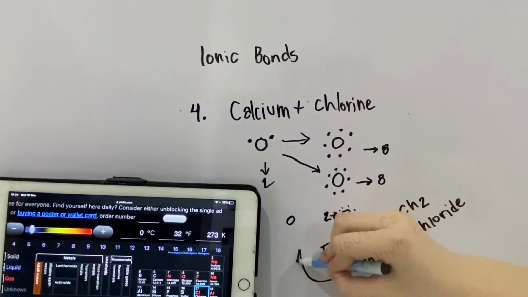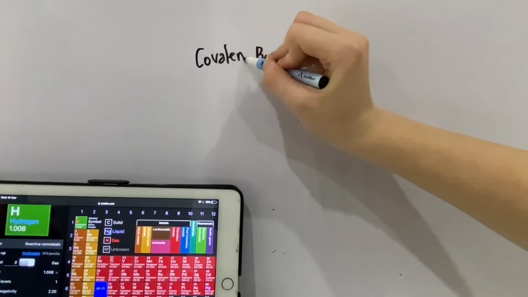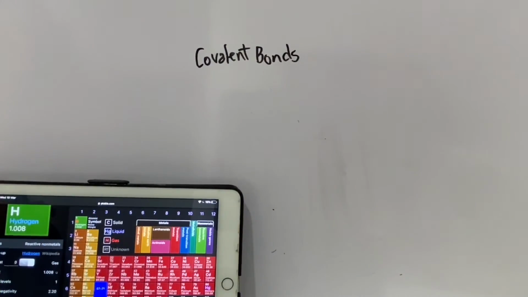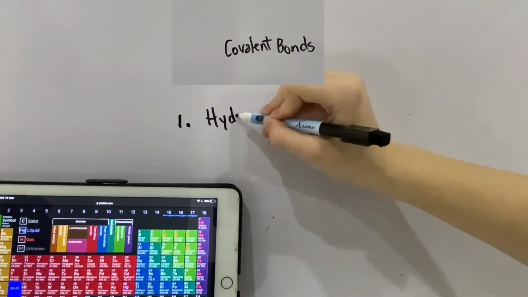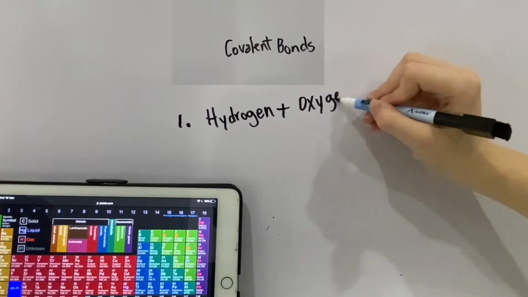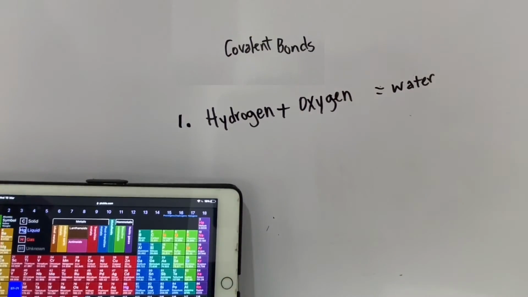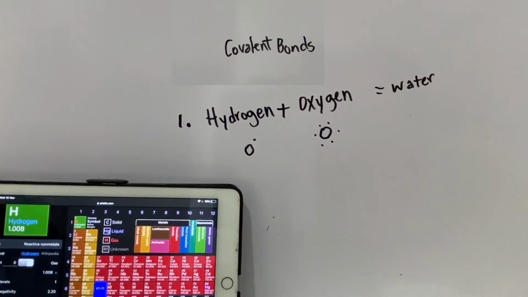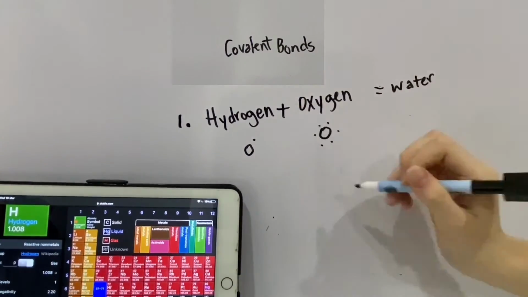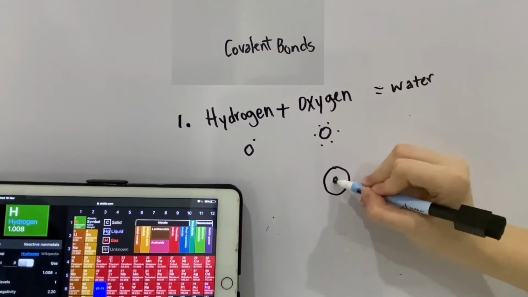Here are a few examples of the covalent bonds. Okay, so for the first example, we have hydrogen and oxygen, which make up the water molecule. Hydrogen has 1 electron since it's in group 1, and oxygen has 6 since it's in group 6.